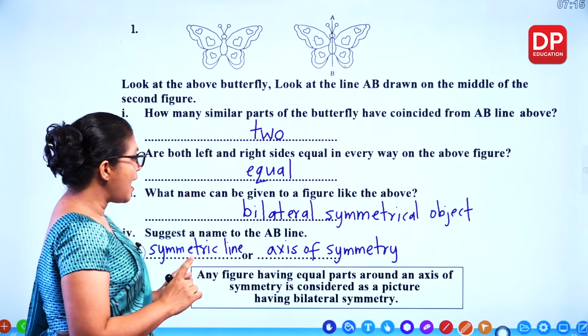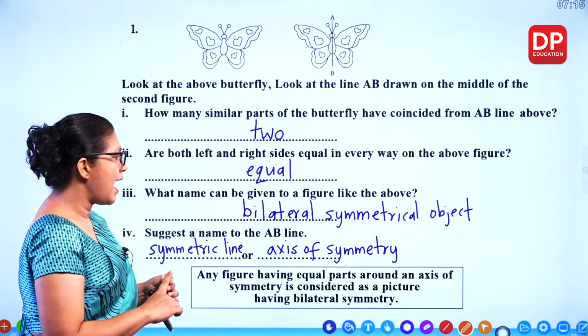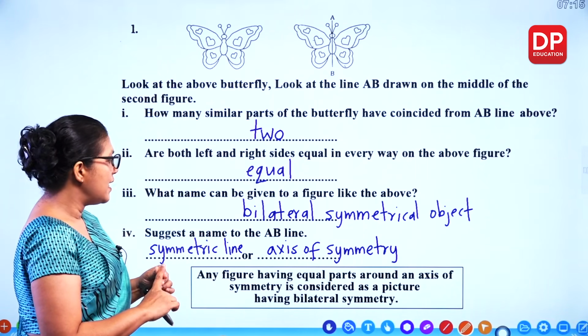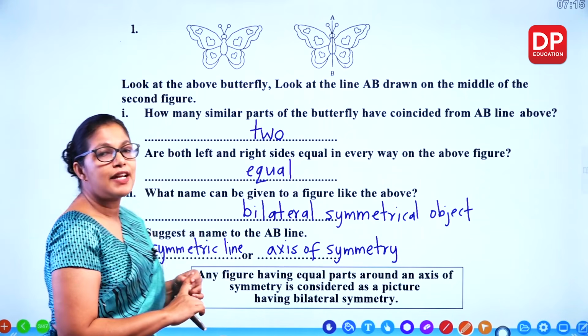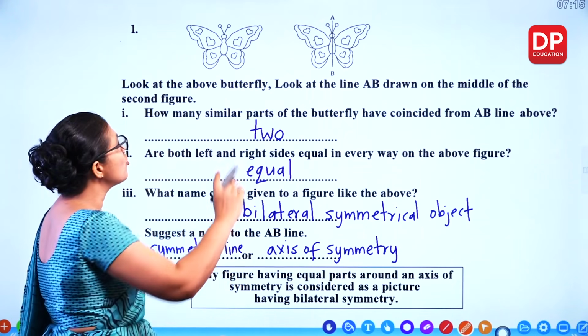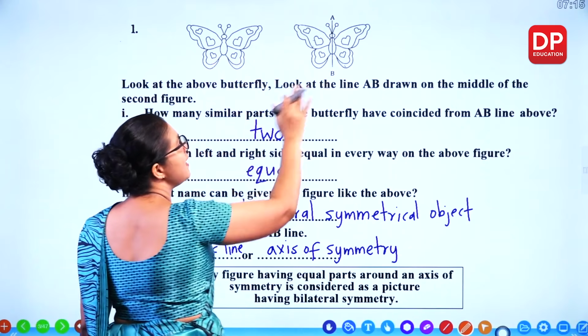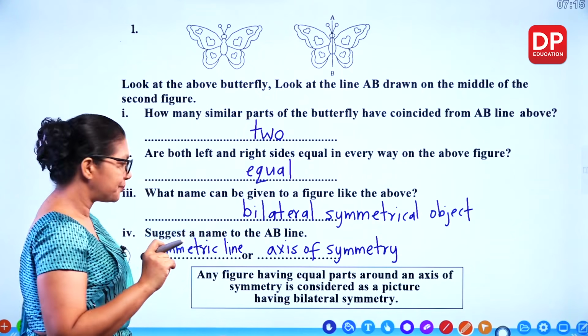So any figure having equal parts around an axis of symmetry is considered as a picture having bilateral symmetry. So this is a picture having bilateral symmetry.